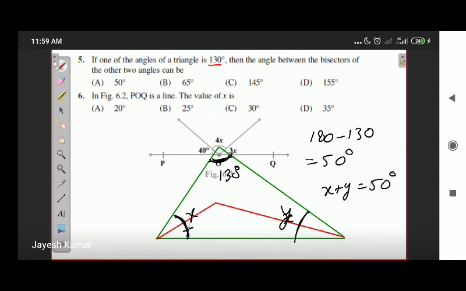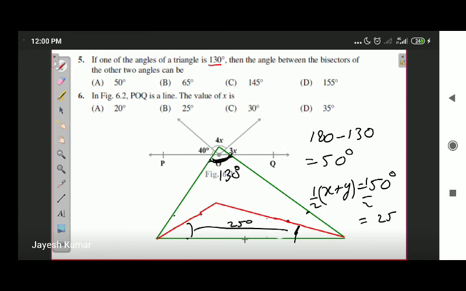We have derived that. Now this angle is half of x, and this angle is half of y. So the sum of half of x and half of y will be half of 50, that is 25 degrees. So what we have derived till now is that the sum of these two angles is 25 degrees.